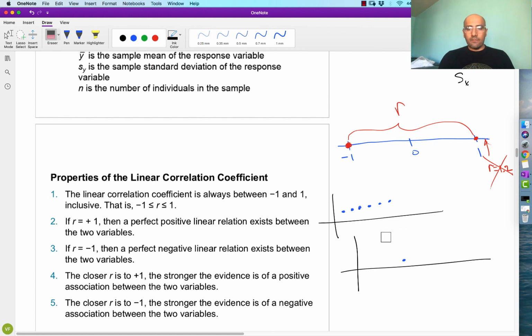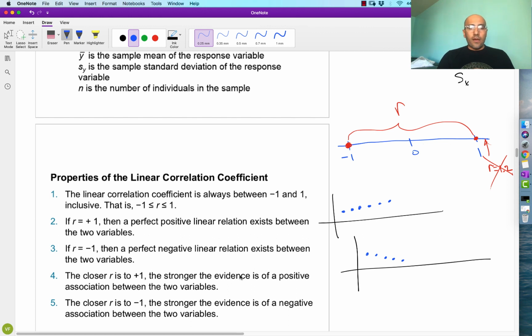So it could be that maybe it just has a very subtle negative relationship like this. But it's a perfect straight line. It just has a negative slope. Okay, so that's what it means when you have a -1 or a +1 as the result of your equation. Okay, but now what if we're not exactly +1, but we're getting close? It's a large positive decimal.